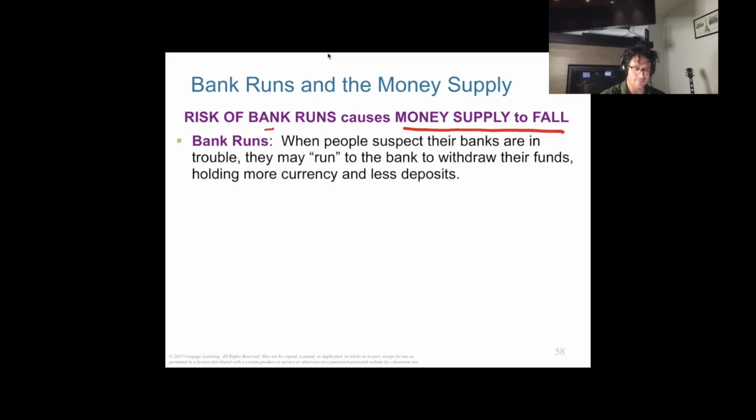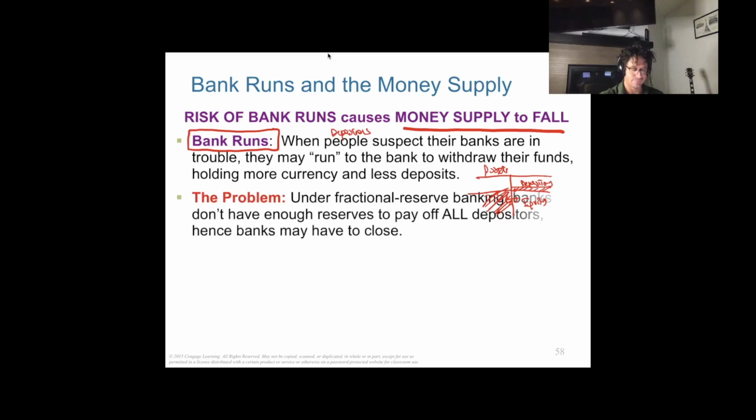In particular, a bank run is when depositors suspect that their bank is in trouble, meaning that the asset side risks suffering losses, and if there is not enough equity to absorb these losses, the depositors are going to suffer a loss. If the depositors suffer a loss, or suspect they may suffer a loss, they run on the banks.